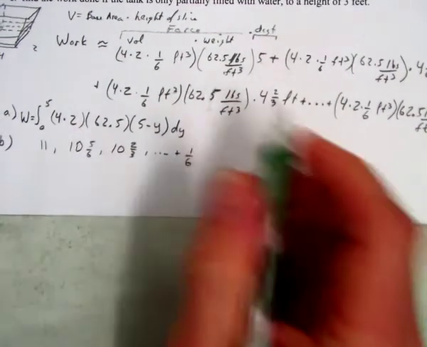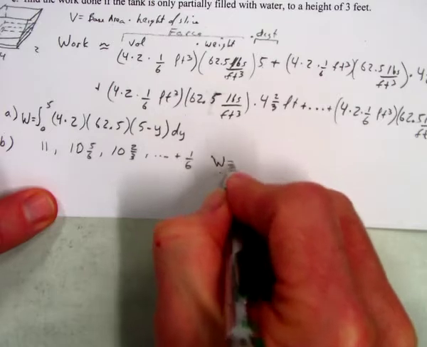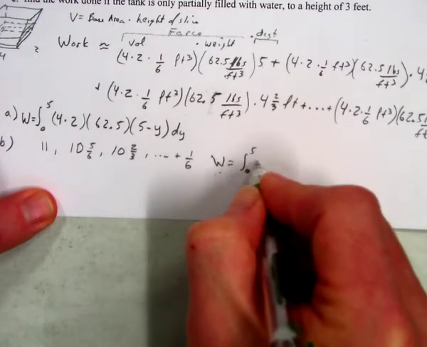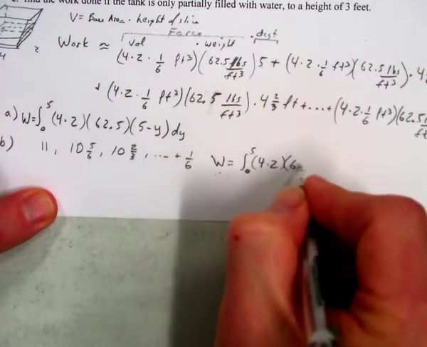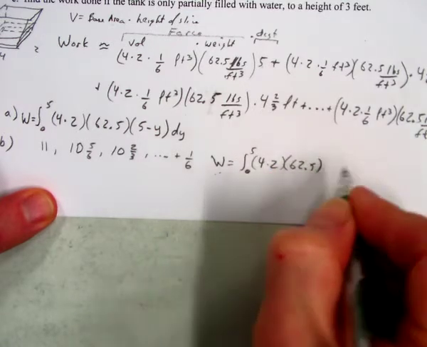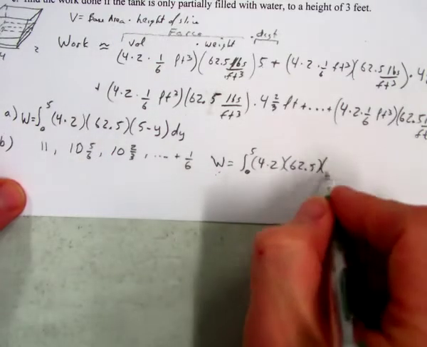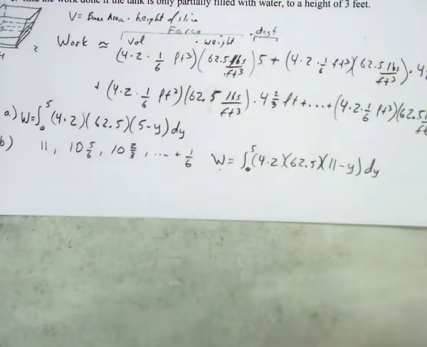So instead of redoing all this work, I'm just going to write that the work equals, we still have the same amount of water in the tank, so it's the integral from 0 to 5 of 4 times 2 times 62.5 times, how much are we lifting it this time? We're going to go 11 minus y dy.